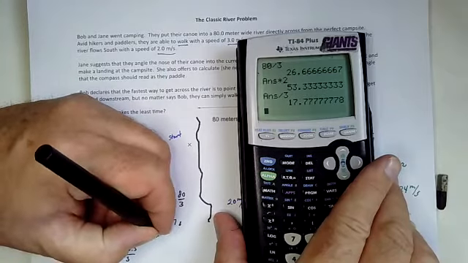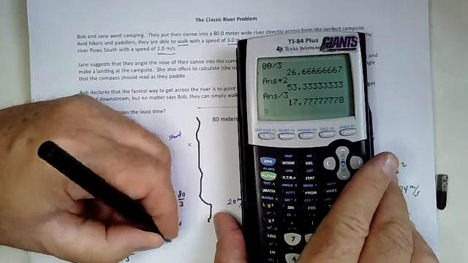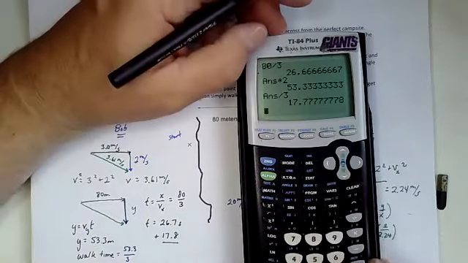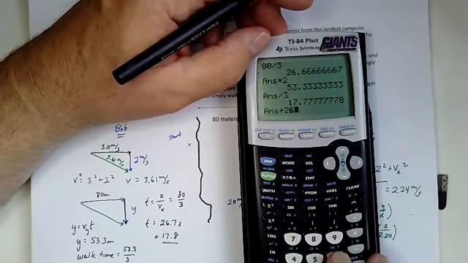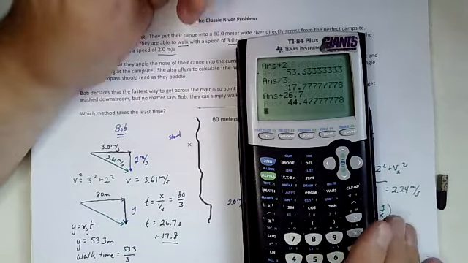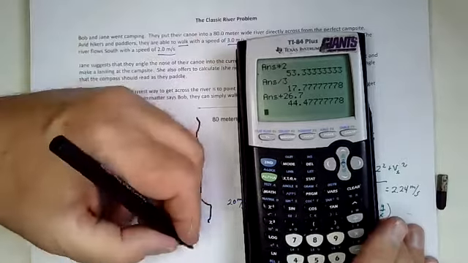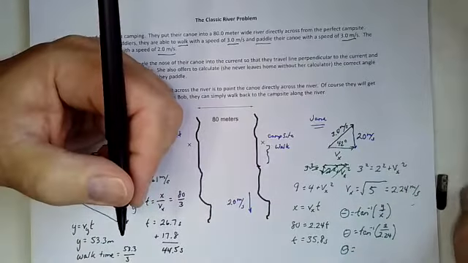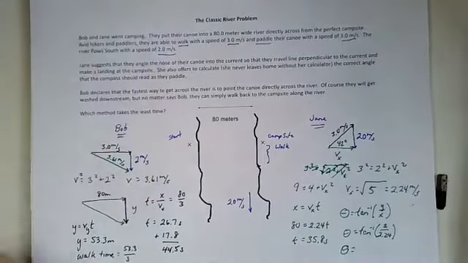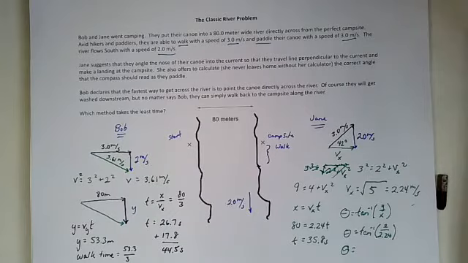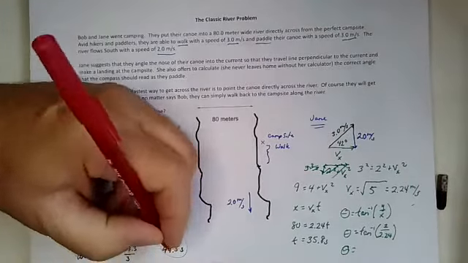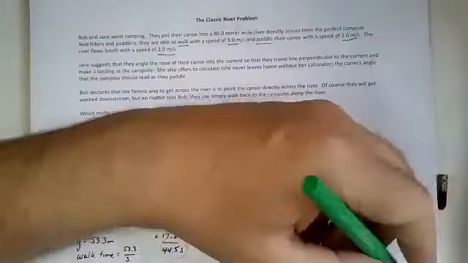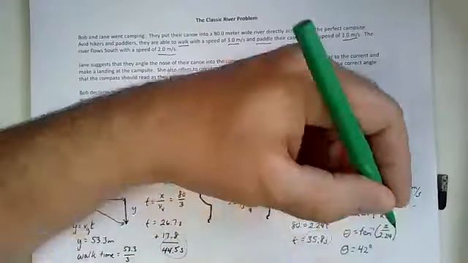So we're going to have to add that to Bob's time. And I get a total time of 44.5 seconds, which is longer than the 35.8. Forgot to write in the angle.